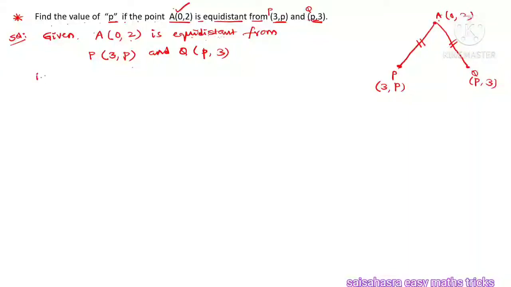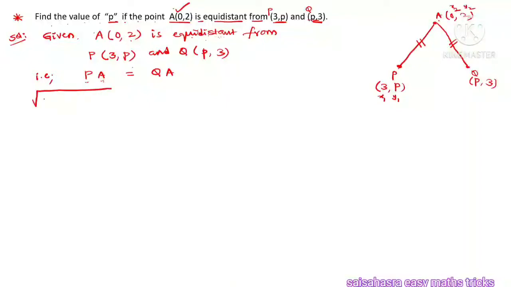That is, PA equals QA. P is (x1, y1), this is (x2, y2). So what is the formula?